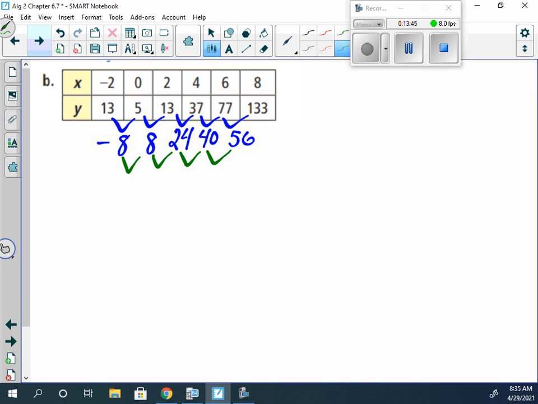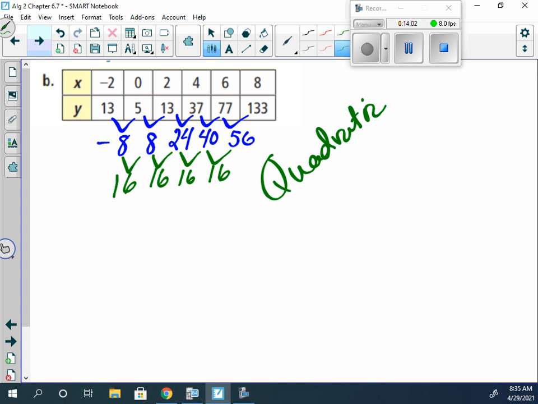So the difference to get to 8 and 8. New minus old is 24 minus 8 is? Any questions on any of this here?